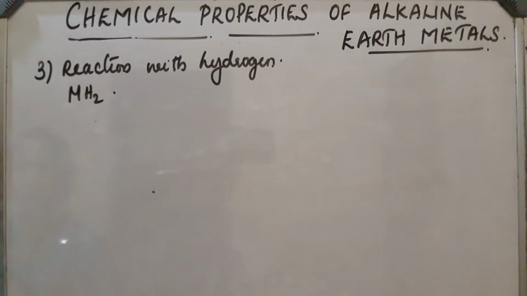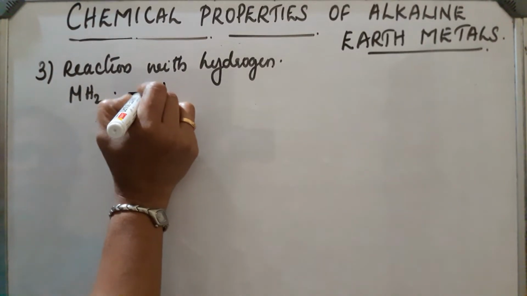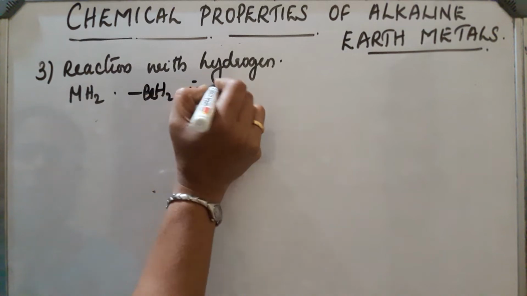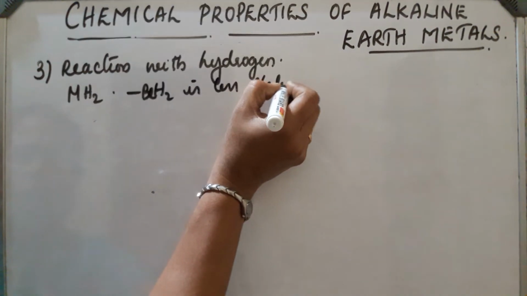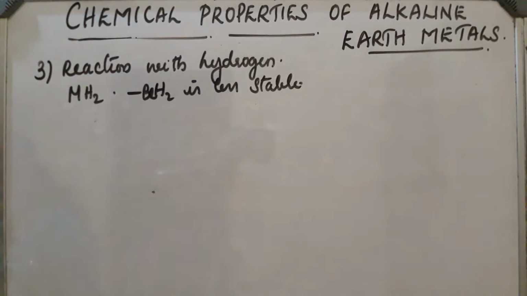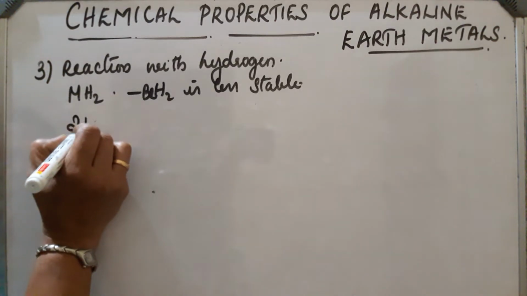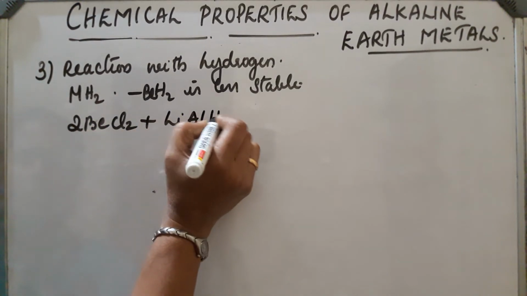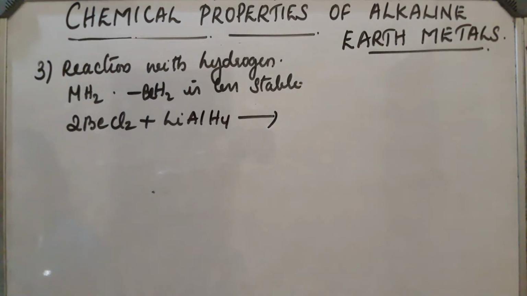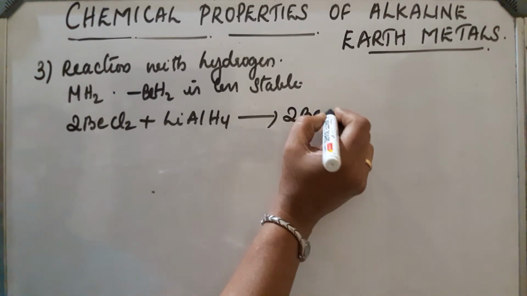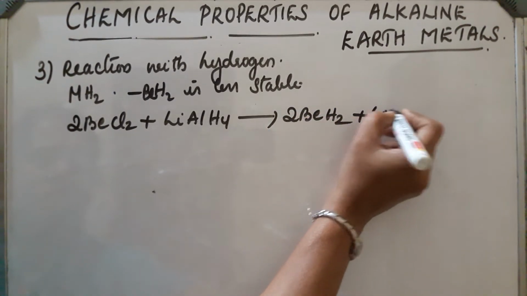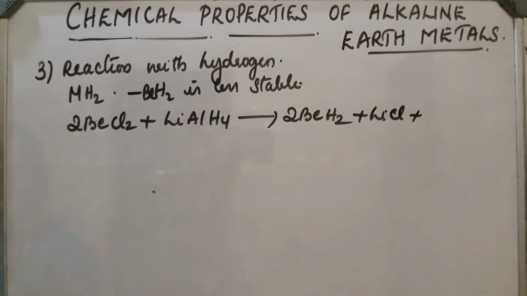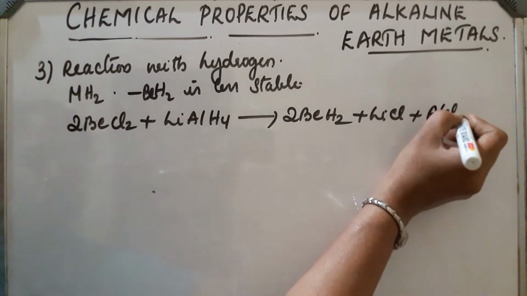Beryllium hydride is less stable, and it can be prepared from beryllium chloride and lithium aluminium hydride: 2BeH2 plus LiCl plus AlCl3.